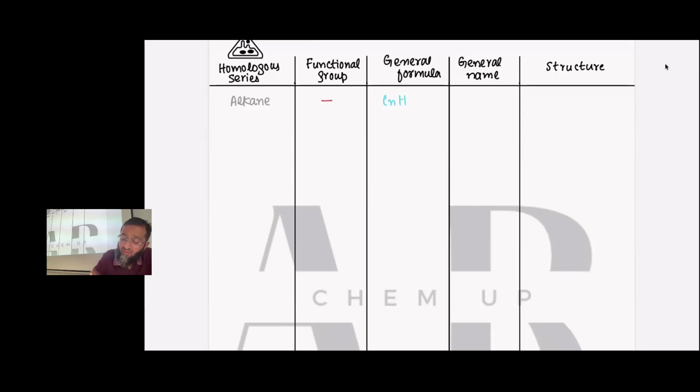The general formula is CnH2n+2, the general name, alkane. Okay. And structure. Structure means just carbon with single bonds and carbon with the hydrogens.